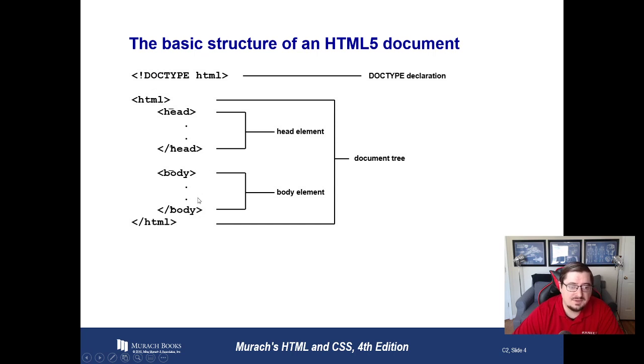The next thing that we have in there is, we start at the root of the tree, this HTML tag. Okay, so you can kind of see the beginning of it here and the end of it here. And then within that we have the head and we have the body. So the head contains content that's not really part of the page, as we would say.